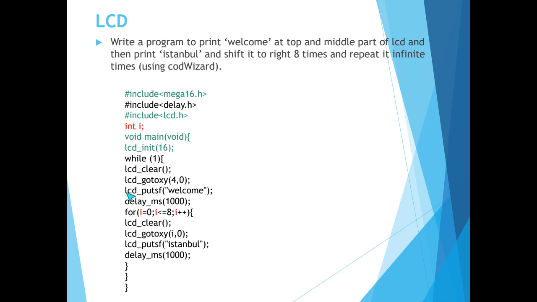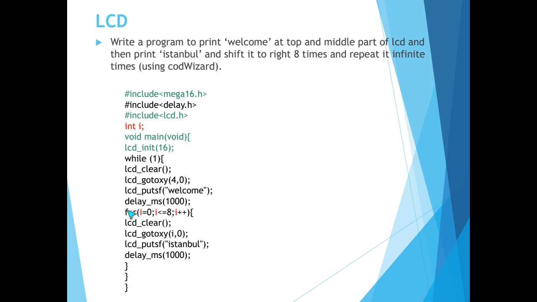As you see, I wrote all of the code inside while(1), because the code wants us to repeat it infinitely. Moreover, after printing welcome, the rest of the code wants us to print Istanbul and shift it to the right 8 times.